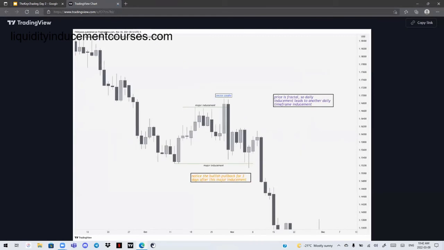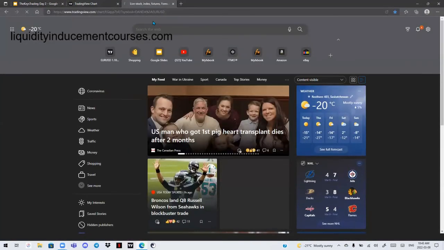Now, a major inducement would come from a previous day, either previous days or previous week, high or low. You can see it on the 1 hour. It doesn't matter where you see it from. On my chart, I'll just show you how I see it.